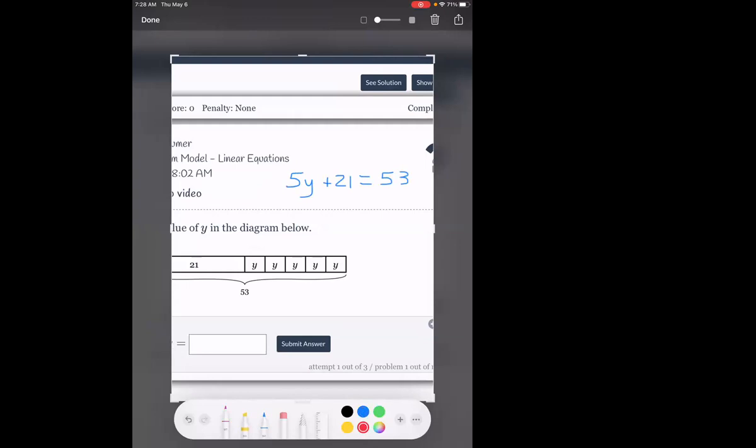My work for this is to subtract 21 from both sides, which is going to give me 32. And y is going to equal, I believe, 6.4. Let me double check here. 32 divided by 5 is 6.4. Okay, so that is my work.